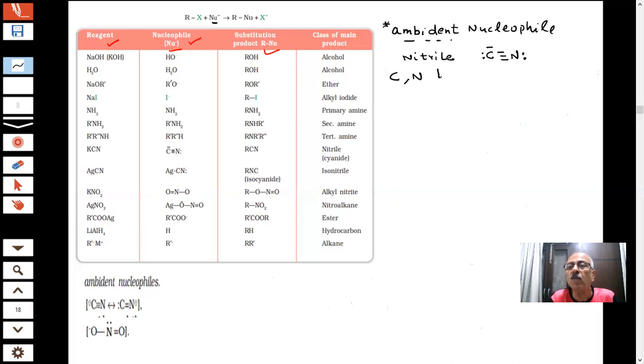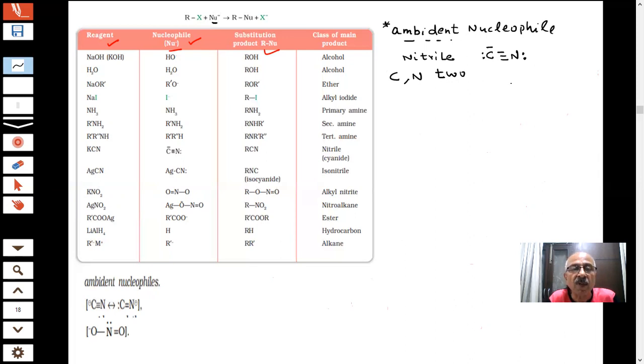It has two nucleophilic atoms. These are called ambident nucleophiles. Either carbon can give its negative charge or lone pair and bond, or nitrogen can bond. So those species in which you have two nucleophilic centers, two nucleophilic atoms, are called ambident nucleophiles.